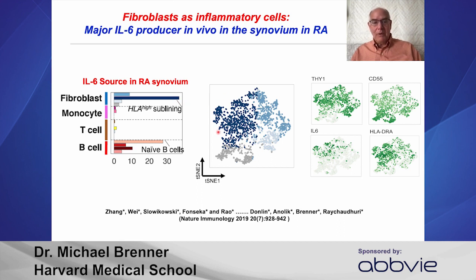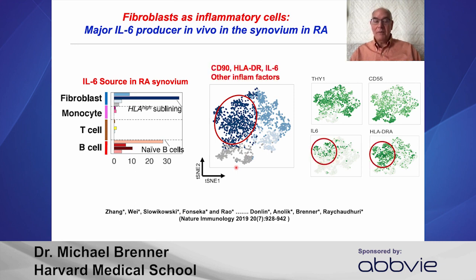The fibroblast populations are depicted here in what's called a t-SNE plot, where each of these areas in different colors represents a different cluster, a different subset of fibroblasts. There are 4 clusters shown here, and the one that's most important for this discussion is this dark blue population. The genes expressed in these populations are shown here on the right. THY1 up here on the top is a marker for sublining, so this is a sublining fibroblast population. CD55 is a marker for lining. Those are the fibroblasts down here at the bottom.